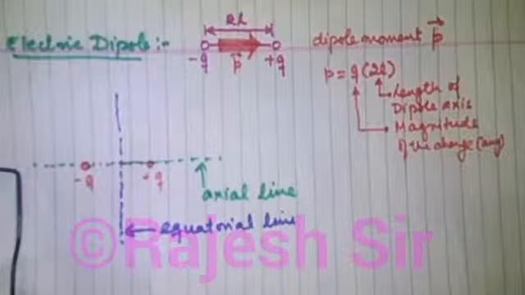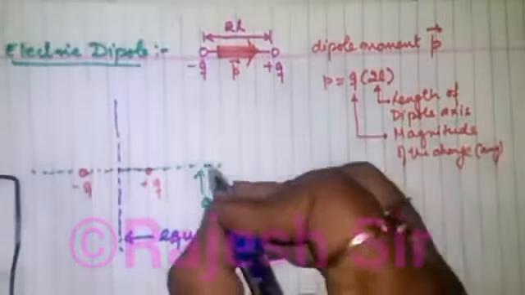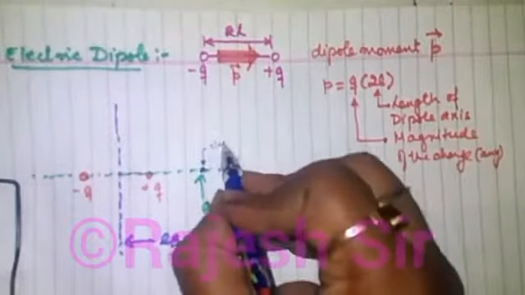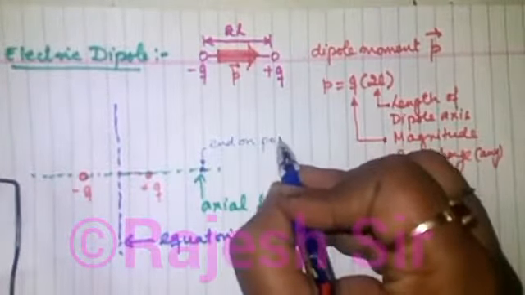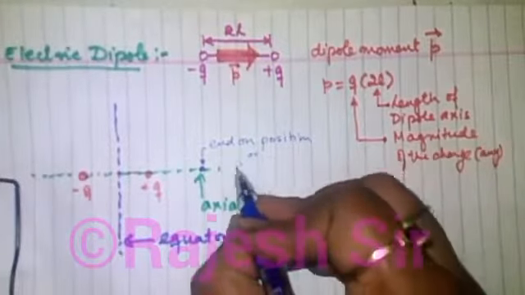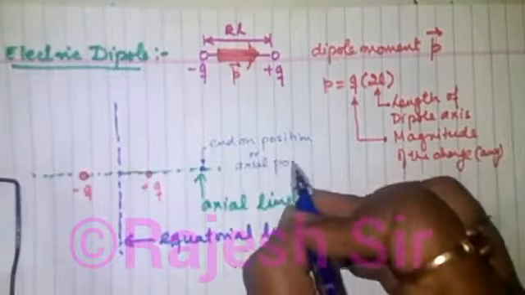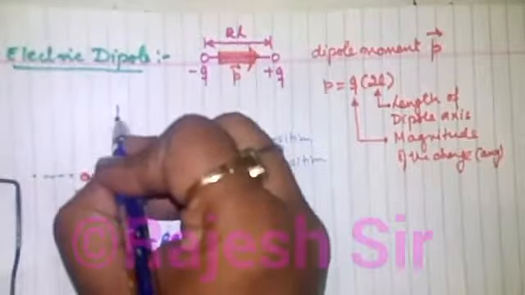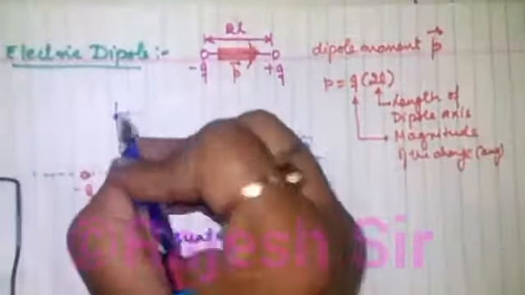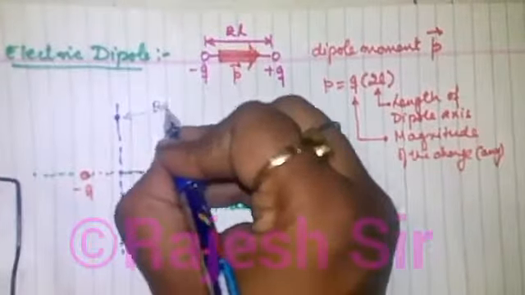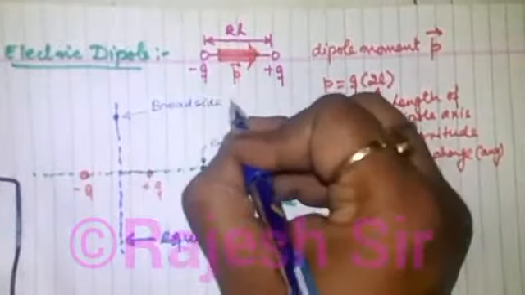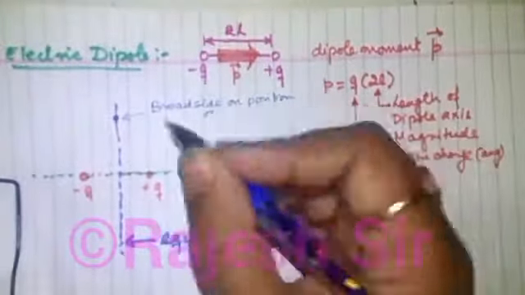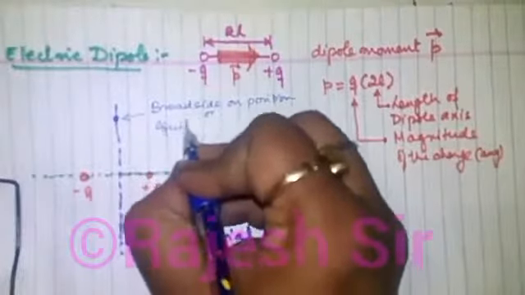Any point situated on the axial line of a dipole is called the end-on position or simply axial position. Similarly, any point that lies on the equatorial line is called the broadside-on position or equatorial position.